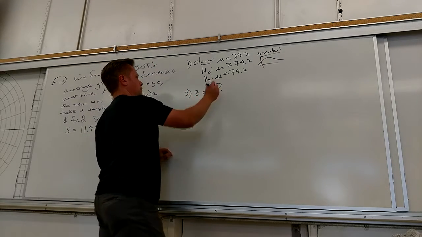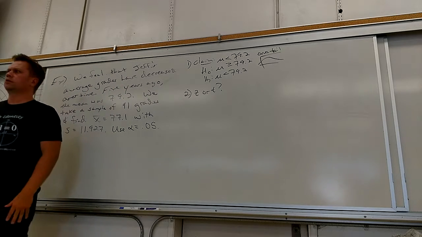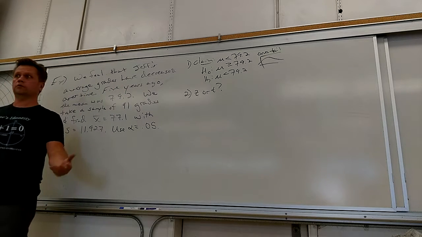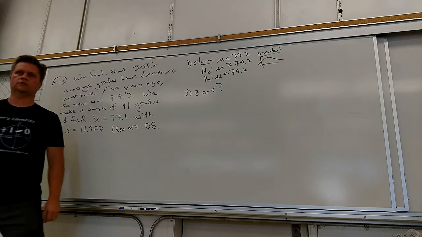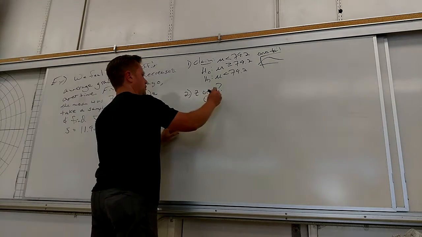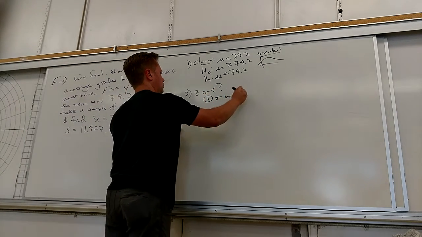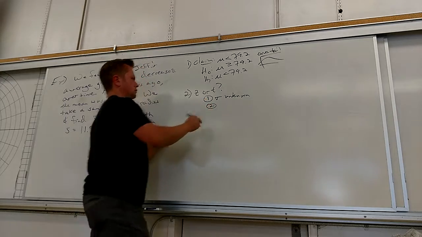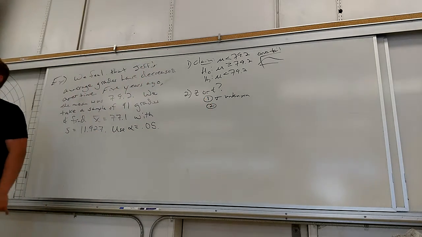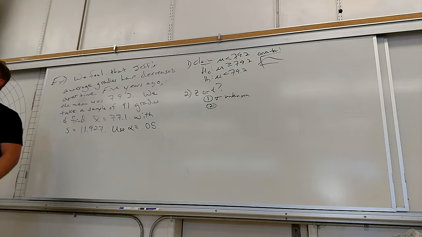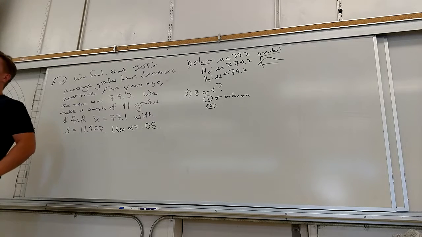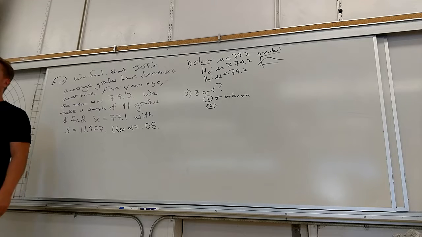Z or T? One thing you can tell me is sigma is unknown. But then there's the second thing. Sigma's unknown, s is known. You told me the same thing twice. We have to know some kind of standard deviation. What's the second thing?